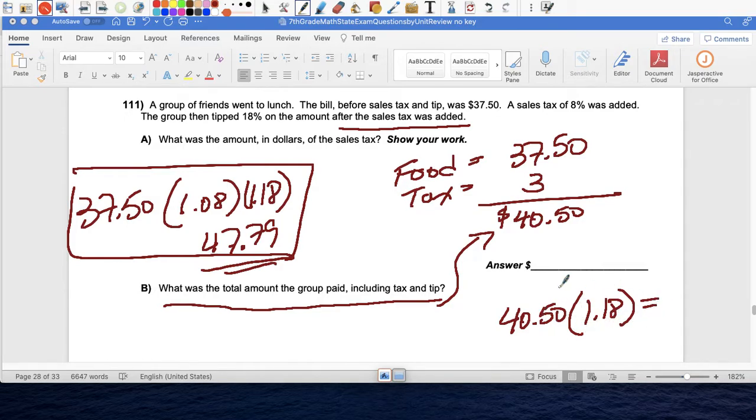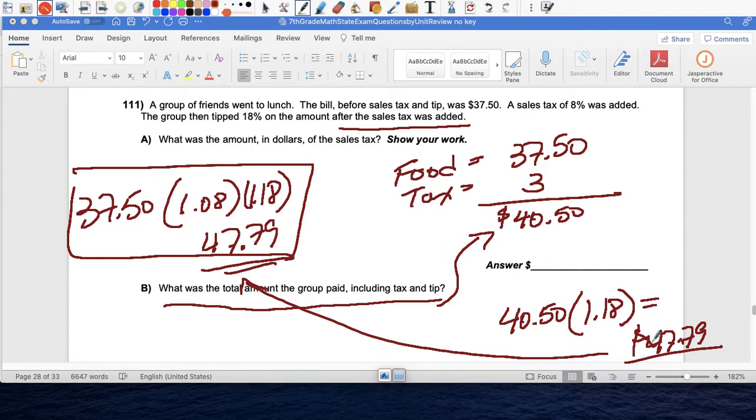Now let's calculate what the food and tip would be. So 40.50 times 1.18 takes us to $47.79, which is that answer I gave you before, right? So this question, this would have been the straight way of doing it, but they didn't ask you to do that.